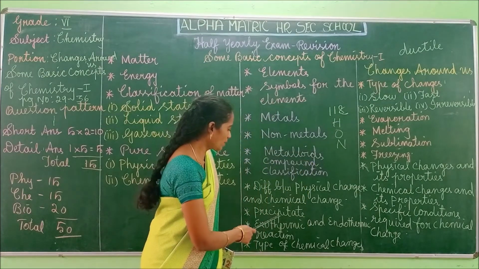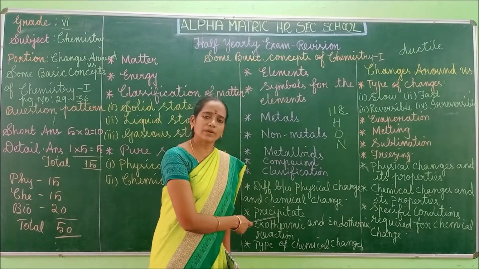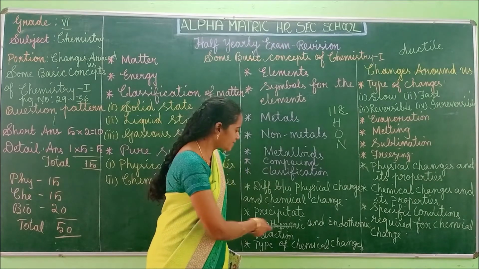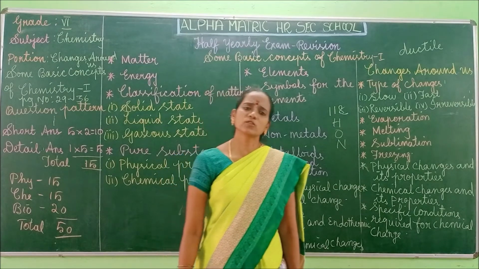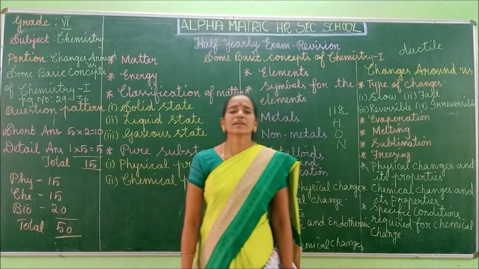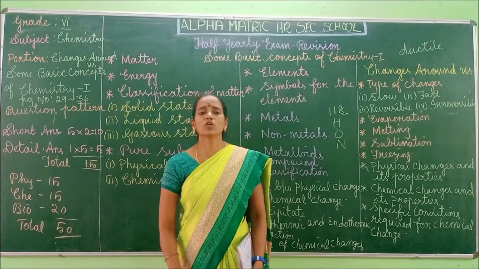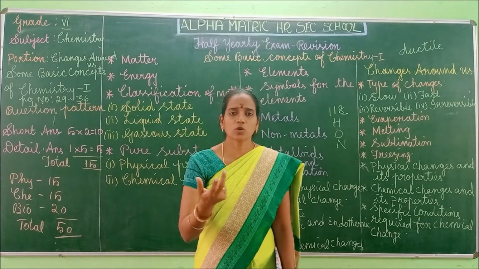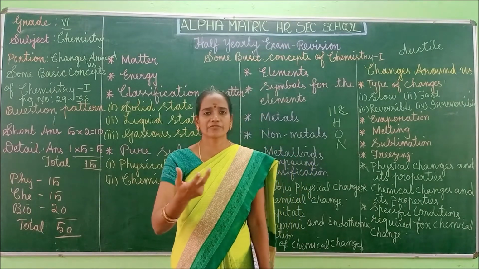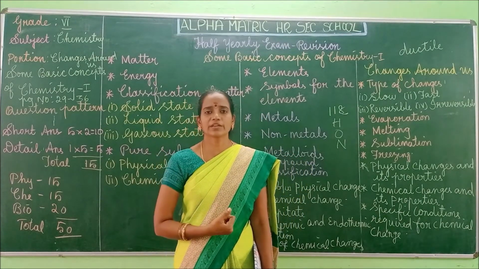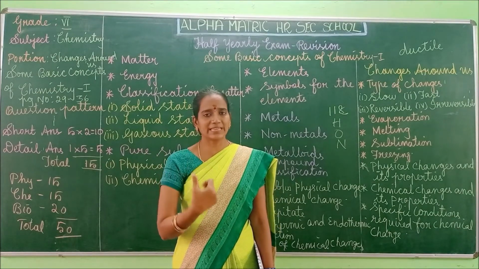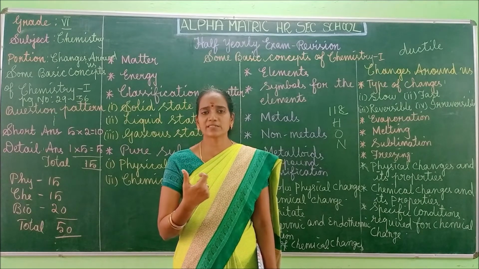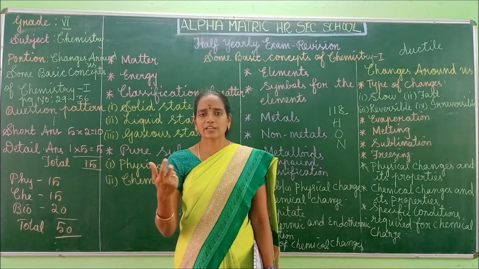So next one, precipitate. Okay, what is meant by precipitate? Exothermic reaction and endothermic reaction. Exothermic reaction means what? Chemical reactions which involve the liberation of heat. Okay, liberation of heat is called exothermic reaction, whereas the reactions which absorb heat, absorption of heat, are called endothermic reaction.